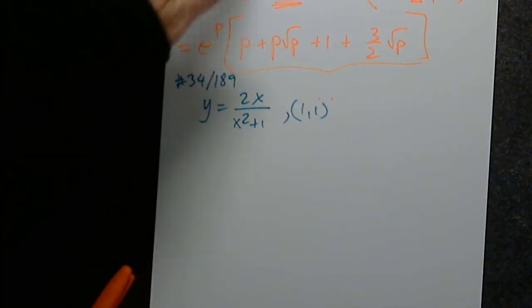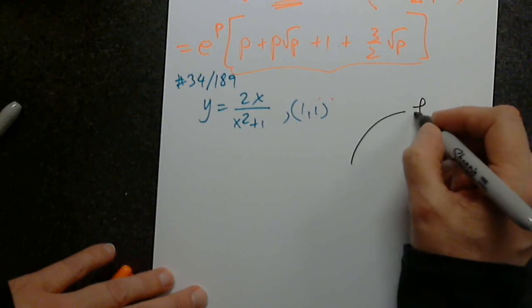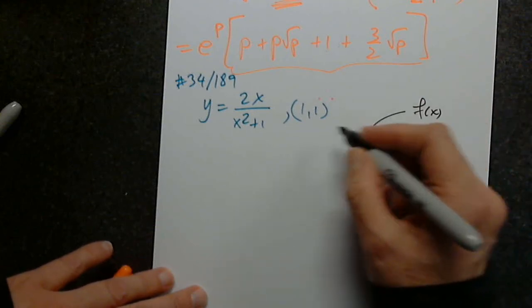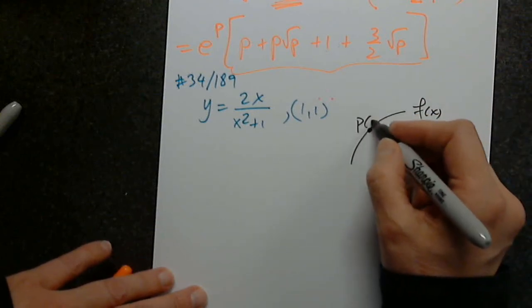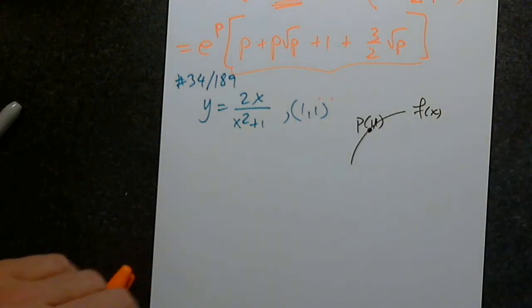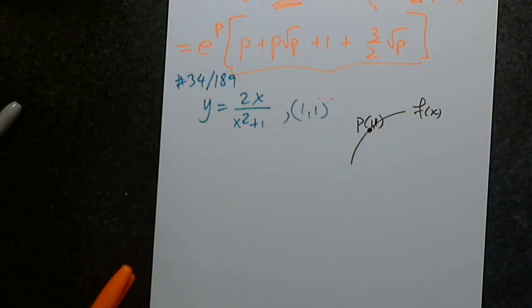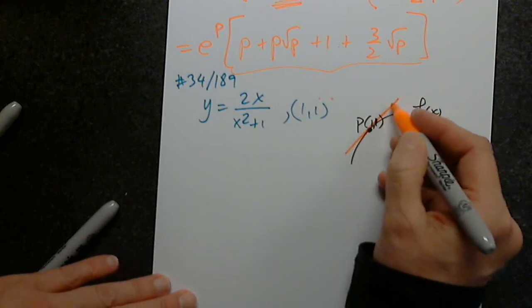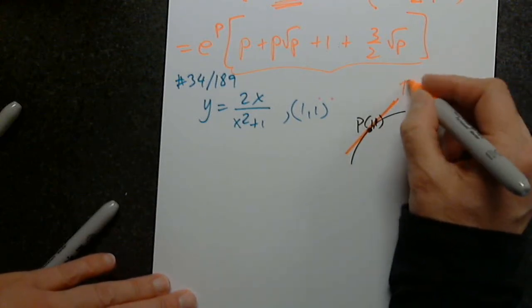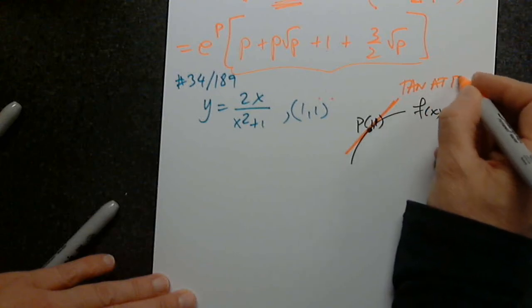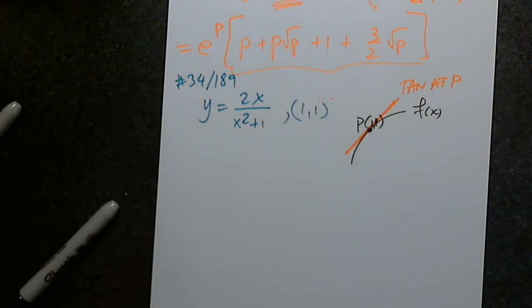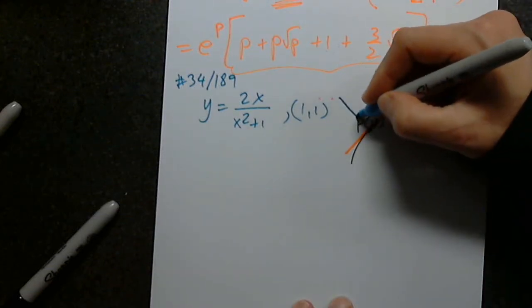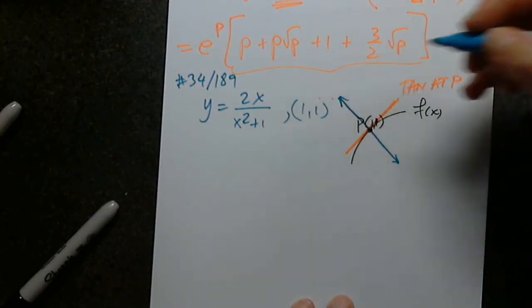So let's say we have a function. This is f of x, and let's suppose that this is the point P, 1, comma 1. This is the tangent at P. And at the same point, this is what is called the normal line.